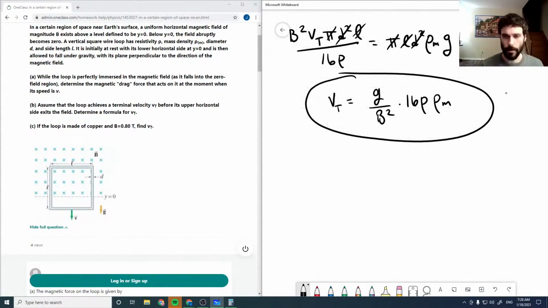Okay, and then C is find our terminal velocity if it's made of copper and our B field is 0.80 Tesla.